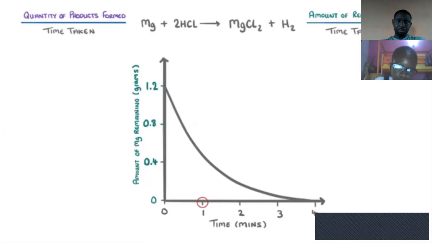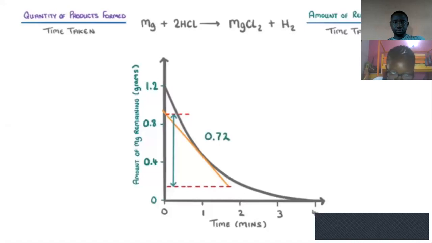So we'd find the 1 minute point on our curve, draw our tangent at that point, and use that line to figure out our change in y, which is about 0.72 grams, and our change in x, which is 1 minute 40 seconds. And finally, we divide our change in y by our change in x.